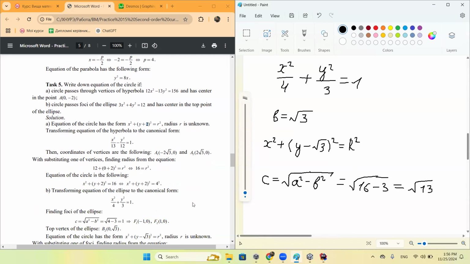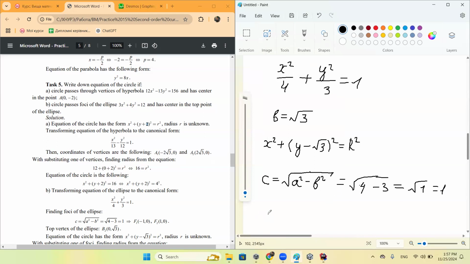Yeah, that's not so. Stop. 4. Damn it. Yeah, so 4 here. My bad. So c equals 1.